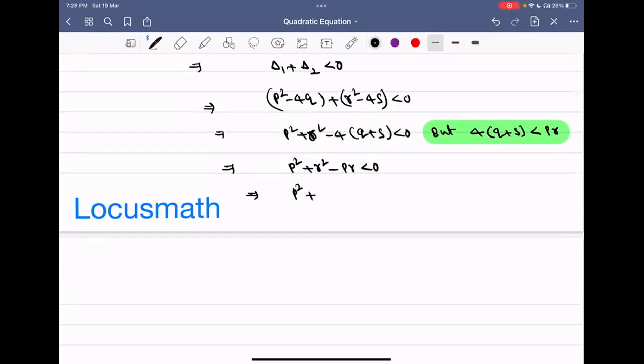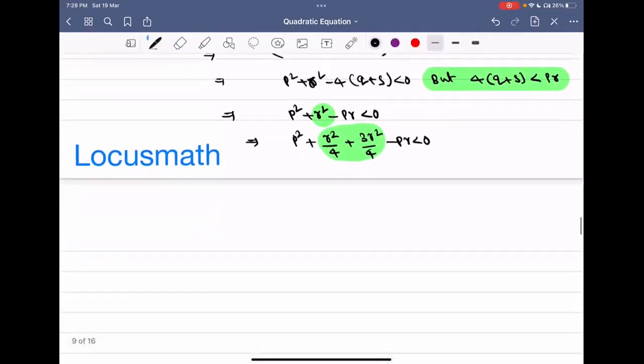So this implies p square plus r square, this r square can be written as r square by 4 plus 3r square by 4, minus pr is less than 0. What I have done, I replace this r square with r square by 4 plus 3r square by 4, because r square by 4 plus 3r square by 4, that is 4r square by 4, nothing but r square.